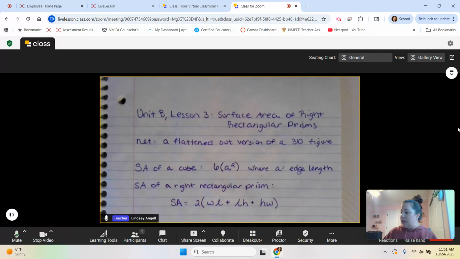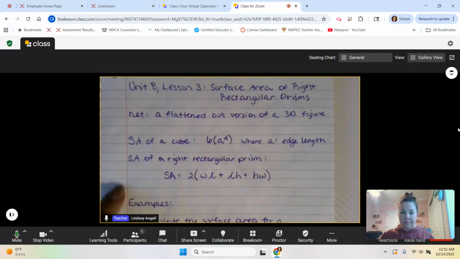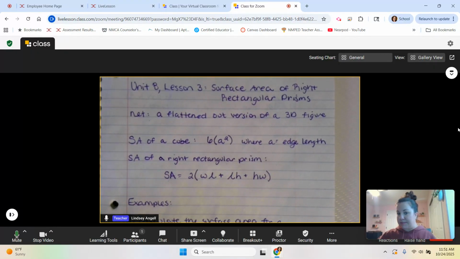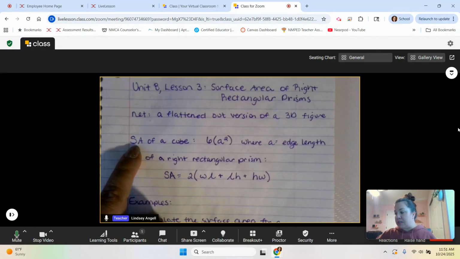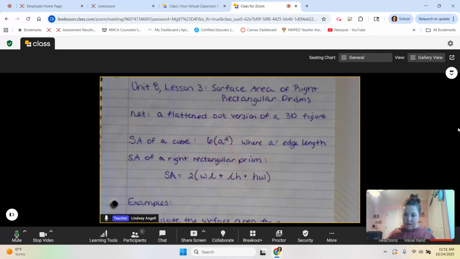There are two different formulas for surface area of rectangular prisms that we're going to be looking at. First, there's the surface area of a cube. A cube is where all of the faces are the exact same and they're all square.